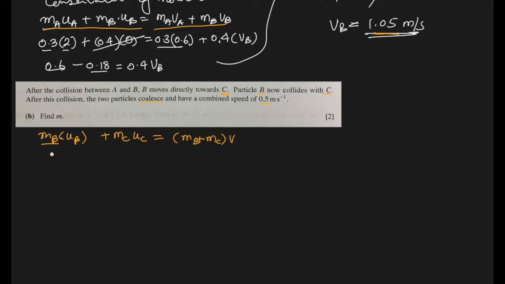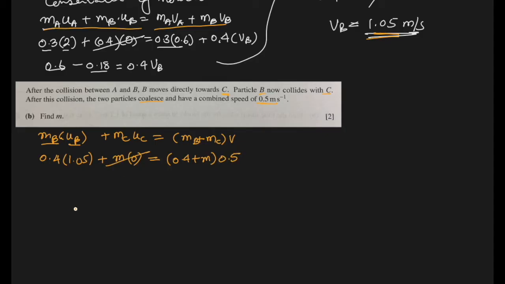Alright, so MB is 0.4, its velocity we got 1.05, plus MC is M, we don't know its mass, but we know that it was also at rest, equal to 0.4 plus M, and their combined velocity is 0.5, that is the final velocity.